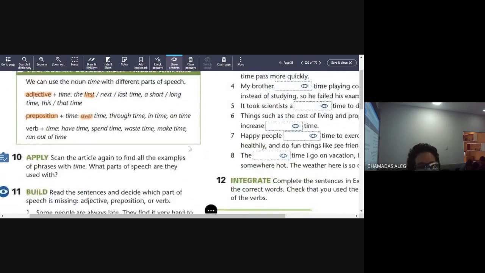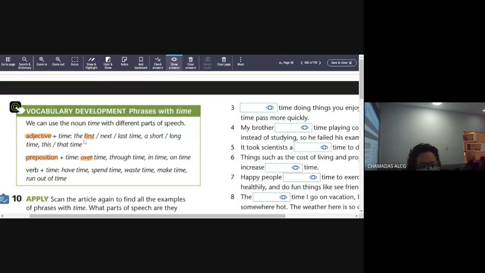All right, Annalise, do you understand? You should use one of these words here, okay? Last, short, next, okay? Or prepositions, or even a verb, okay?